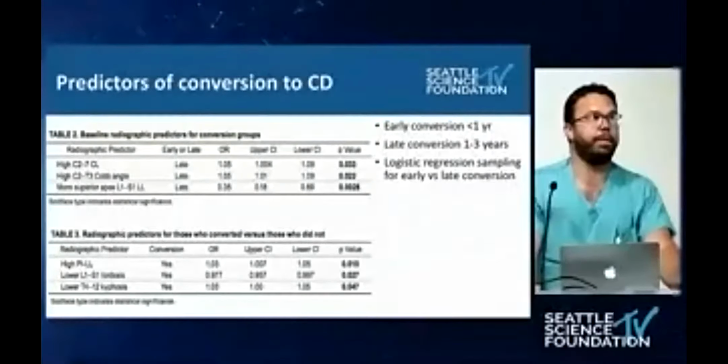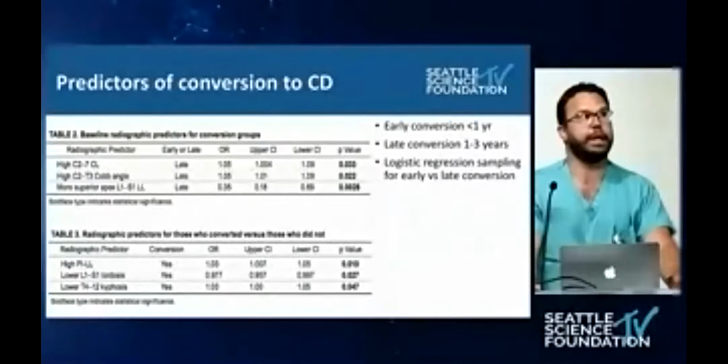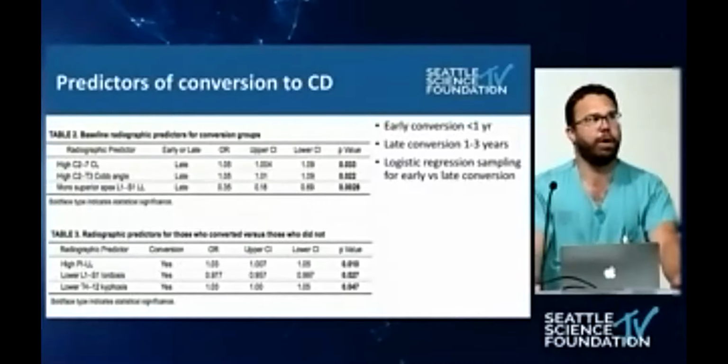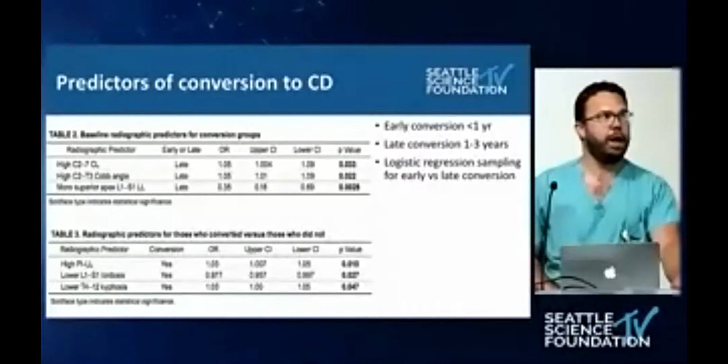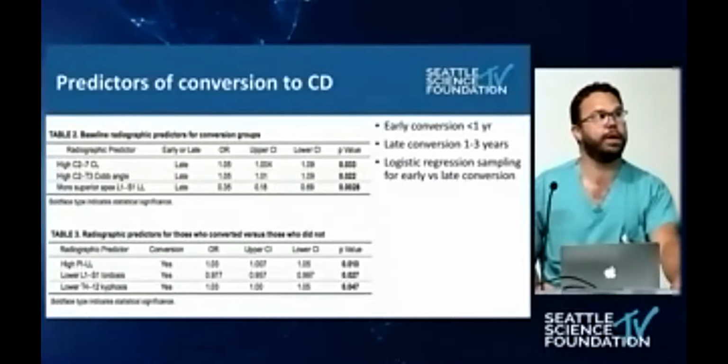And the predictors that came out, and these were all for the late conversion, 1 to 3 years, is patients that had a high cervical lordosis at the index surgery, high C2 to T3 Cobb angle, or a more superior apex of lumbar lordosis. As I said, these were all late predictors. They were statistically significant. However, the odds ratio was right around 1 or 0.35, which I think is rather significant.